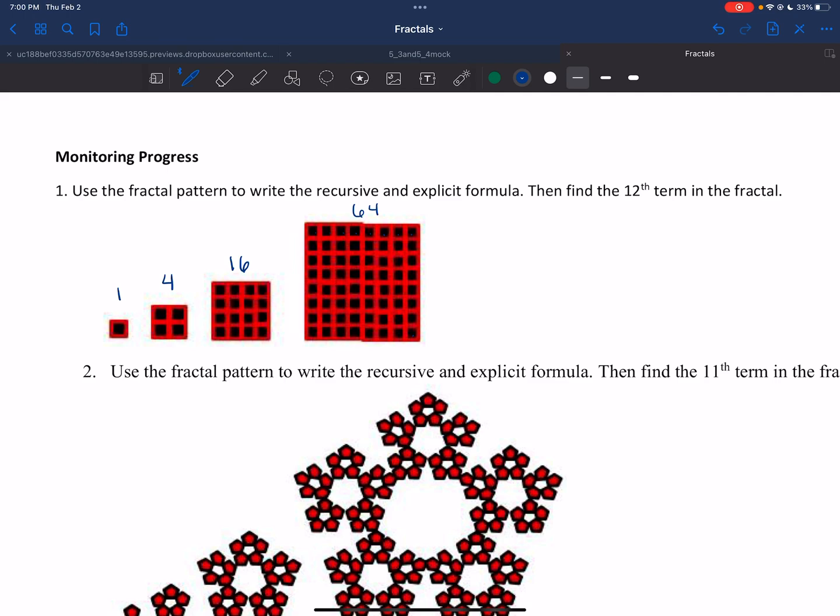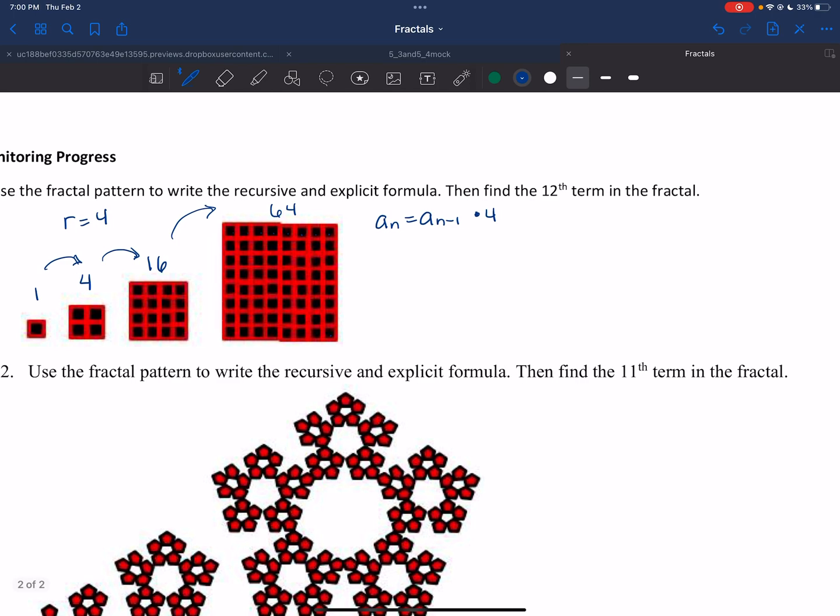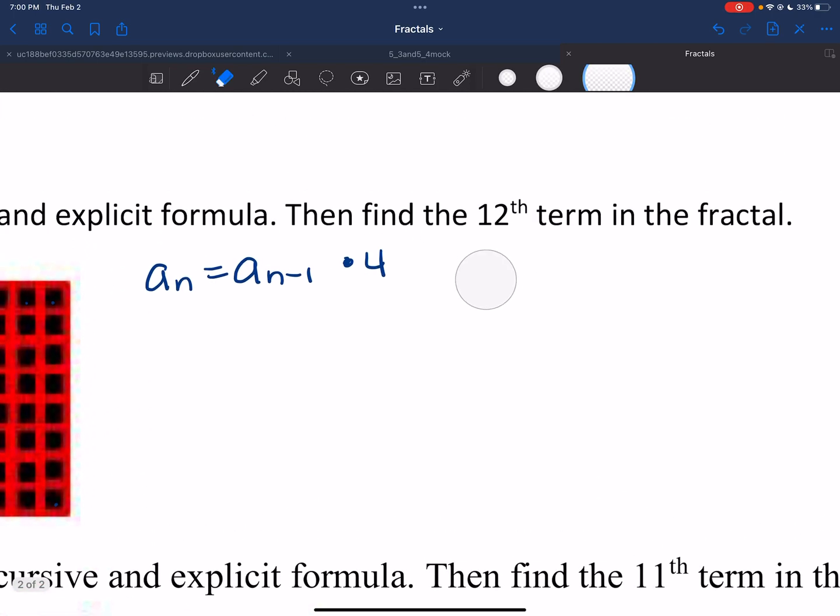So my recursive formula is a_n equals a_(n-1) times 4, because that's my ratio. I multiplied by 4 each time to get the next number. My explicit formula is a_n equals a_1, which is 1, times my ratio, which is 4, to the n minus 1.